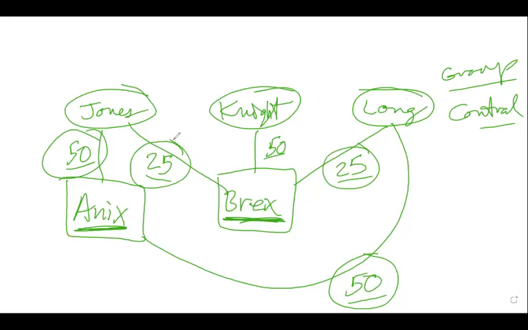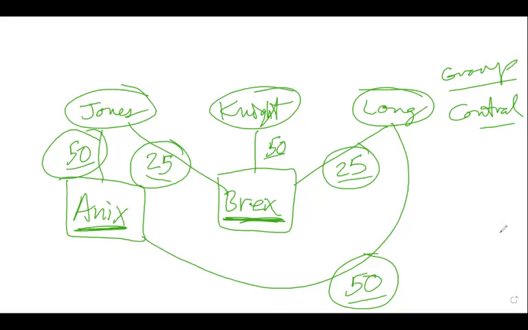One of the possibilities here could have been that Mr. Jones and Mr. Long were in groups that both controlled the same company. But in this case, that doesn't pan out either, because ultimately together they're 50-50.